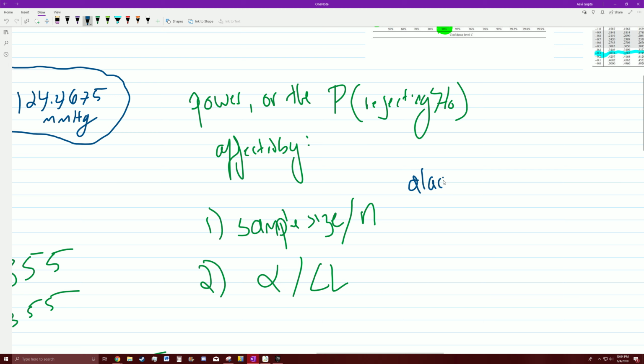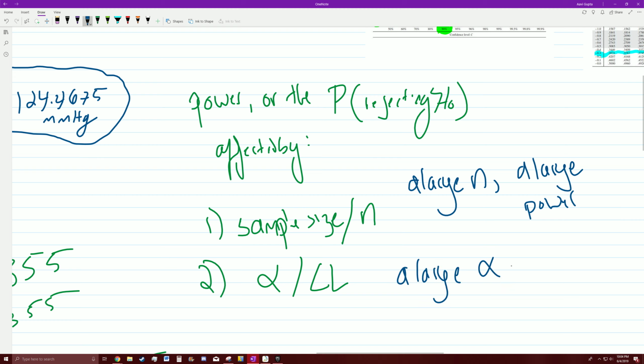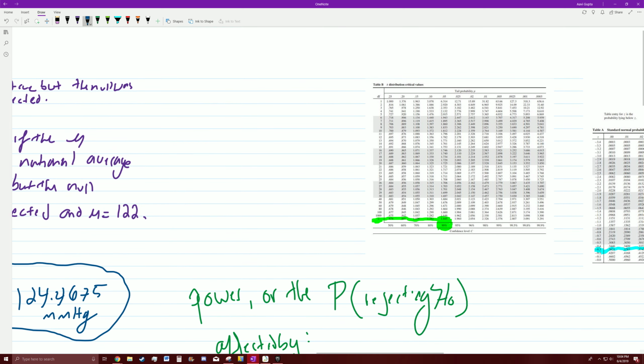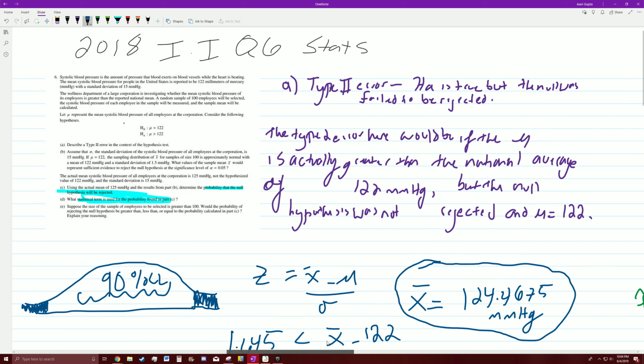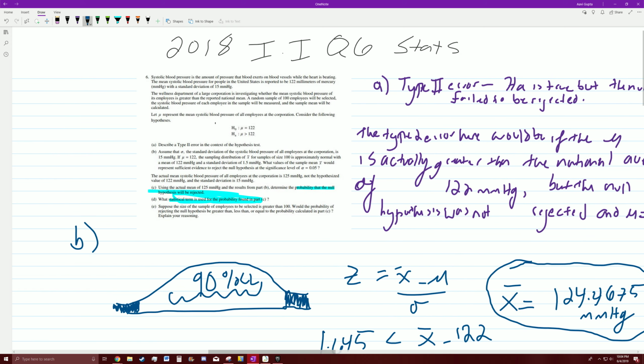So the effect is that a large N means a large power. Then a large alpha, therefore small confidence level, equals large power. So I believe part E was saying how they wanted to make the sample size greater than 100, yes.